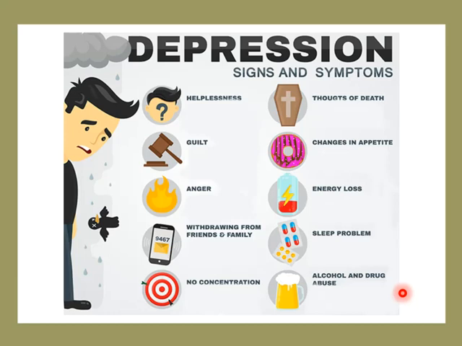There can be signs and symptoms like the person feels helplessness, guilt, anger, withdrawing from friends and family, no concentration, thoughts of death, change in appetite, energy loss, sleep problems, and excessive use of alcohol and drugs. All these are indications of depression. Treatment is to take the antidepressant because it will increase the norepinephrine activity, and till the time you can be strong again, the drugs can be helpful.